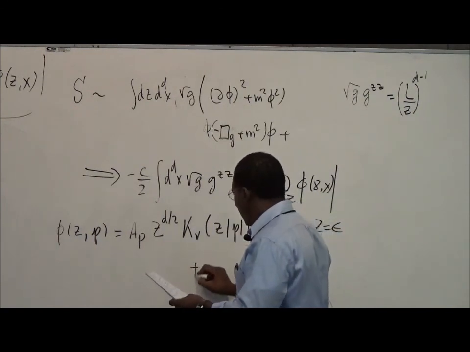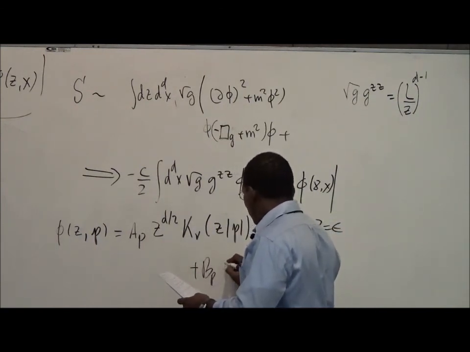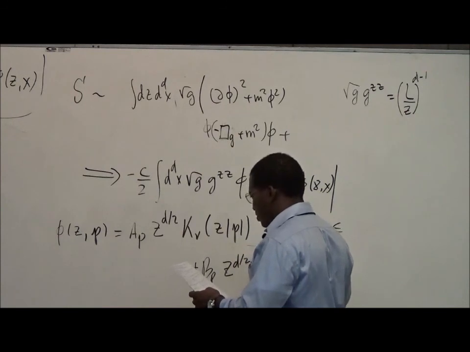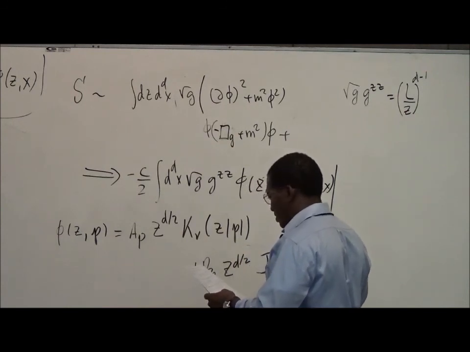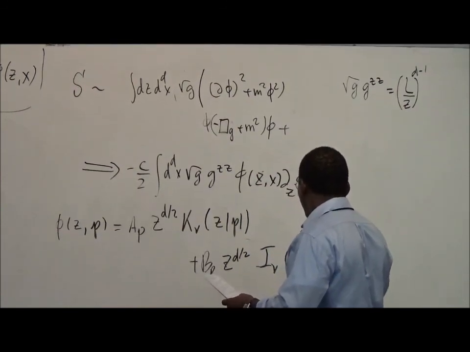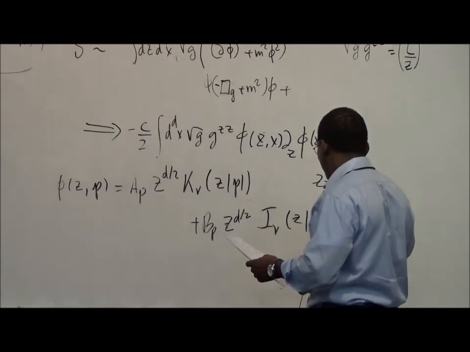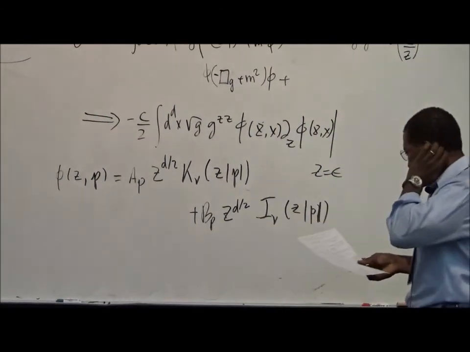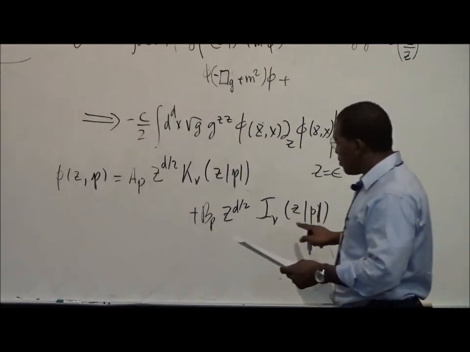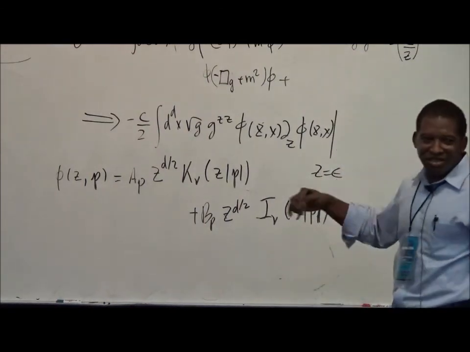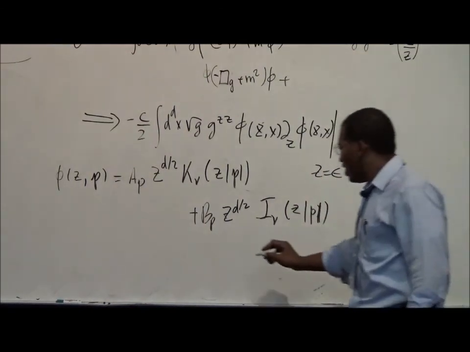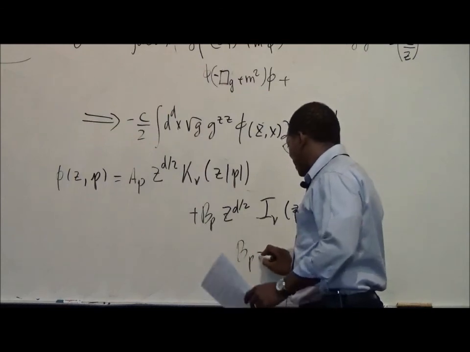And then I have another mode, z to the d over 2, Bessel I. This is what I said before, that the solutions to the equations are Bessel functions. Now, this one blows up as z goes to infinity, which is in the interior of AdS. So I will set B_p equals 0.